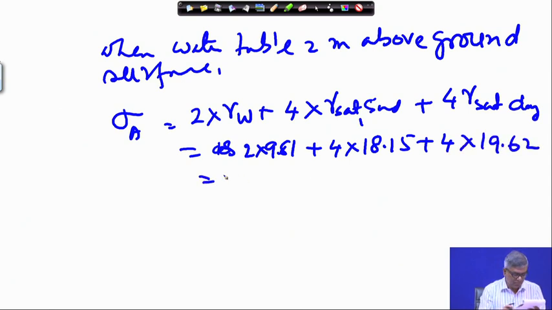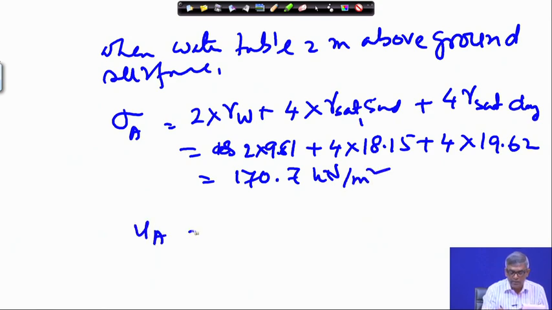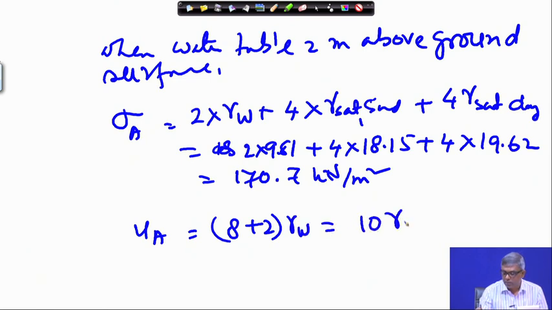So, that gives you 170.7 kilonewton per meter square. And what about u A? u A will be now, it will be 8 meter soil was there plus 2 meter above into gamma_w. So, 10 into gamma_w, so that is equal to 98.1 kilonewton per meter square.